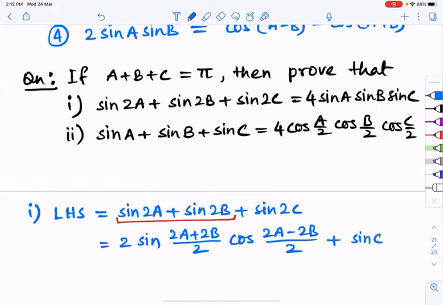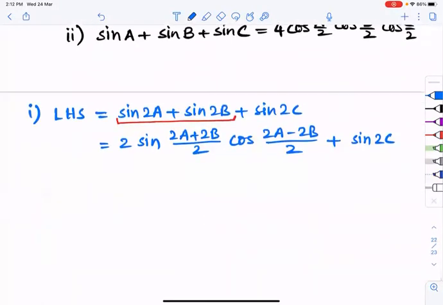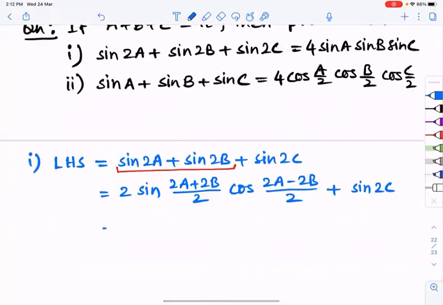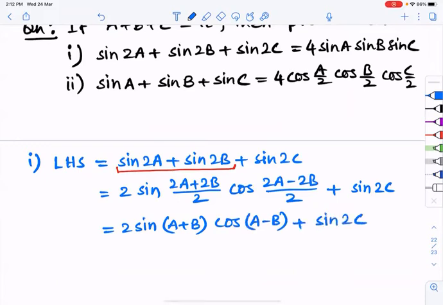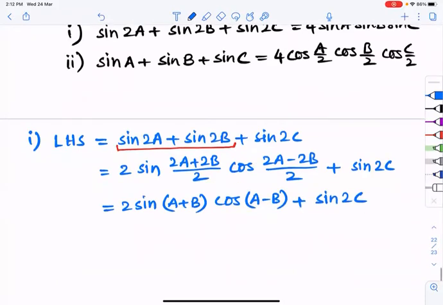There is no change in the third term. It is sine 2c. Now you can see that it is simplified as 2 sine of a plus b into cos of a minus b after cancelling those 2, plus we have sine 2c.